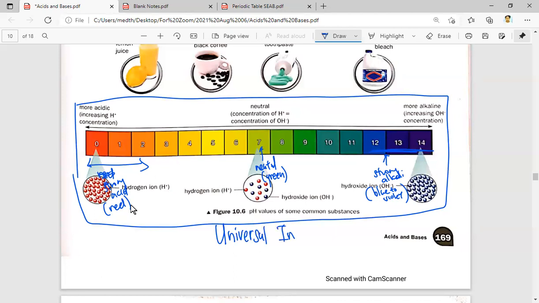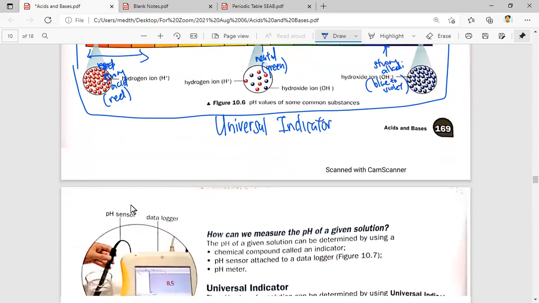indicator. So universal indicator is like a substance that you add in to find out what pH it is based on the color that you can observe. Again, based on the color you can observe, you determine whether it is going to be acidic, neutral, or alkaline. Okay, so universal indicator is one of the ways you can use to test what the pH is.